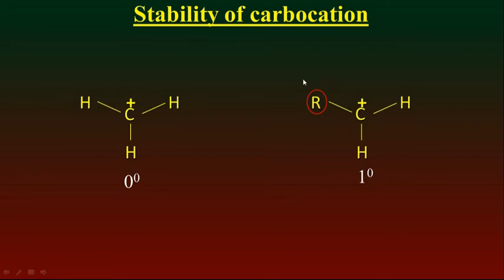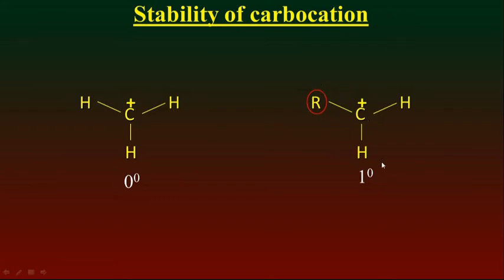As an alkyl group is present here, and we know each alkyl group acts as an electron releasing group, these alkyl radicals donate electrons to the positive carbon atom, so the positive charge can be easily neutralized by the alkyl radical in this case.